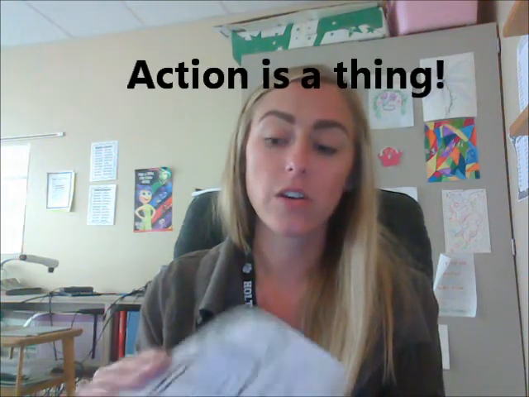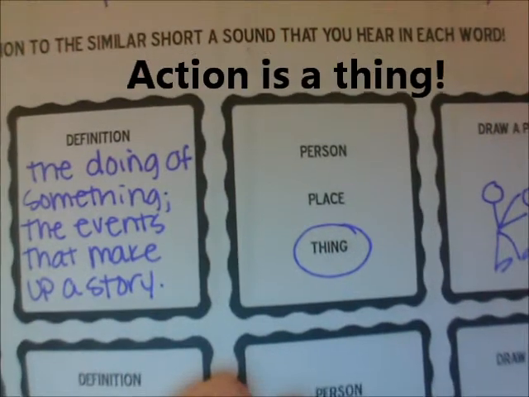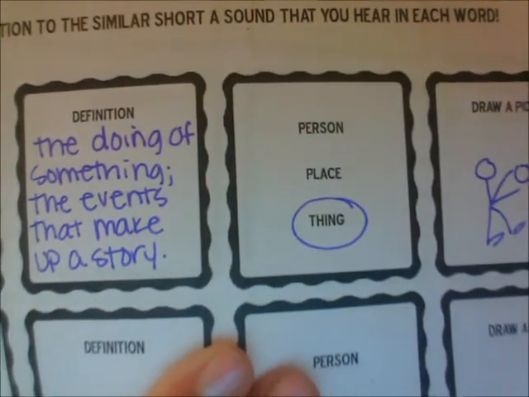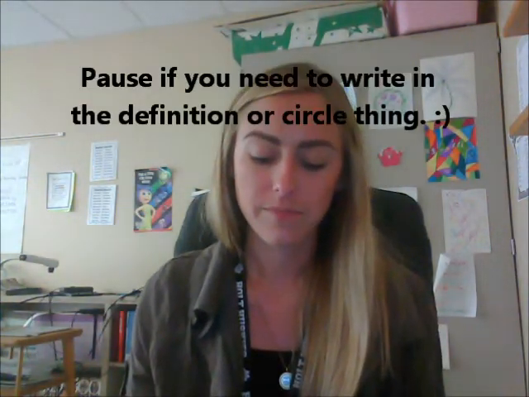No. Is action a place? No. Action must be a thing. So please circle thing on your person, place, or thing box. Also, make sure you've written in the definition in your definition box.